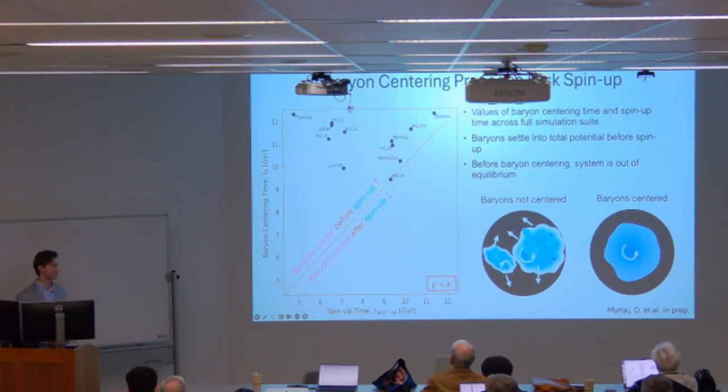So in terms of a dynamical time, I'm not even sure if a dynamical time exists to speak of, or some kind of time offset between the baryon centering and spin-up occurring. However, what is clear, at least in this simulation suite, is that it is a necessary condition in that the baryons center before the spin-up.